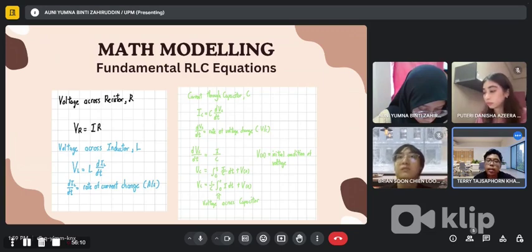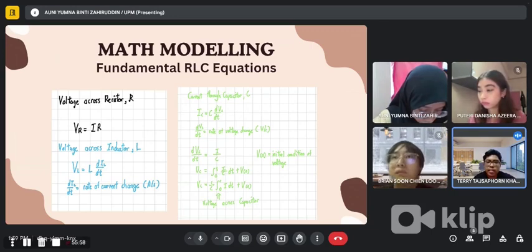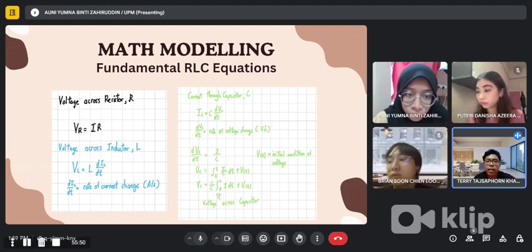And lastly, before finding voltage across the capacitor, we must know the current through the capacitor C. Hence, IC equals C dVC over dt. dVC over dt is the rate of voltage change, which is represented by voltage over second.